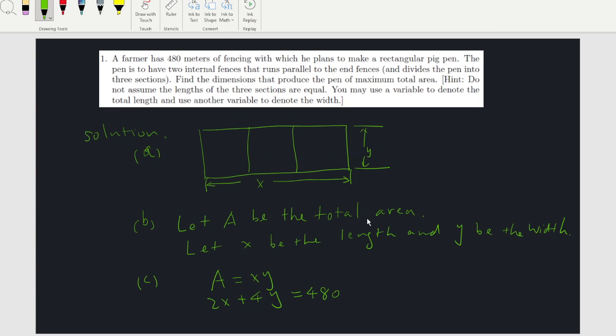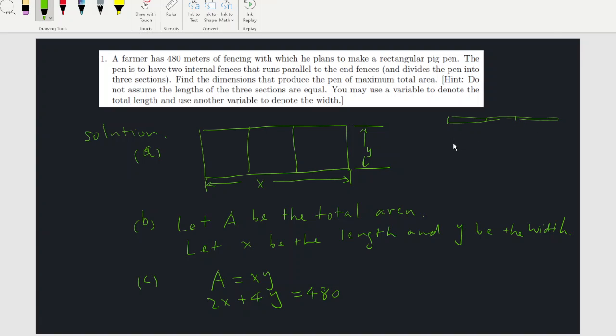If you go back to the picture, y means the width of the pig pen. You can imagine the value of y can be as small as possible. It cannot be 0, but it can be as tiny as possible. You just build a pen very long horizontally. If you do a pig pen like this, very, very long, it's still possible to have two internal fences, right?